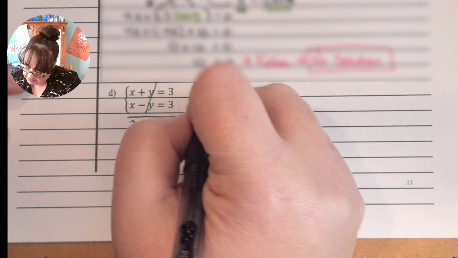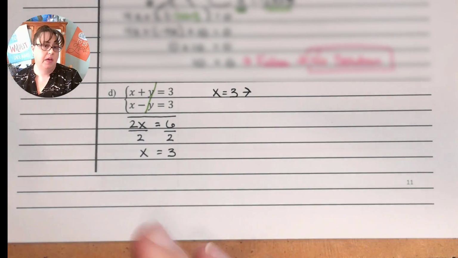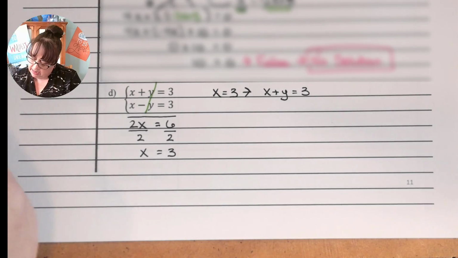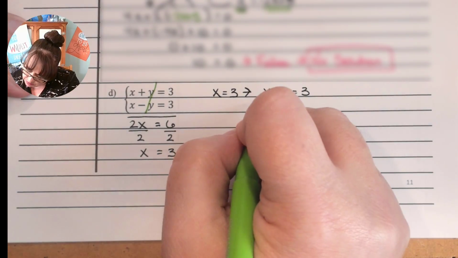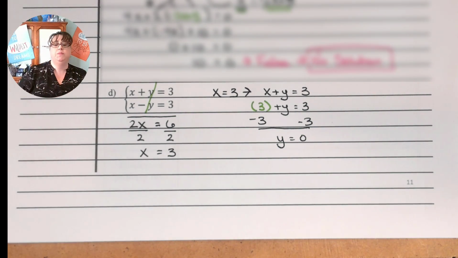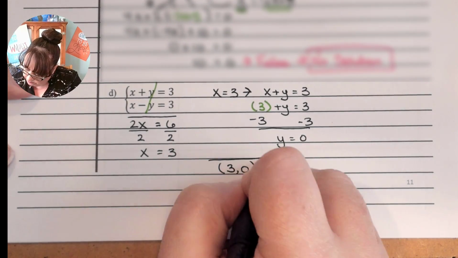So now I'm going to take my x equals 3 and put it into either one of those. I'm going to use the top one because it's all positives. So now instead of x, I'm going to use 3. So I'm going to subtract 3 and y equals 0. Now, just because I got y equals 0, that doesn't mean it's a no solution or an infinite solution. This means that y is actually equal to 0. So my answer is 3, 0.